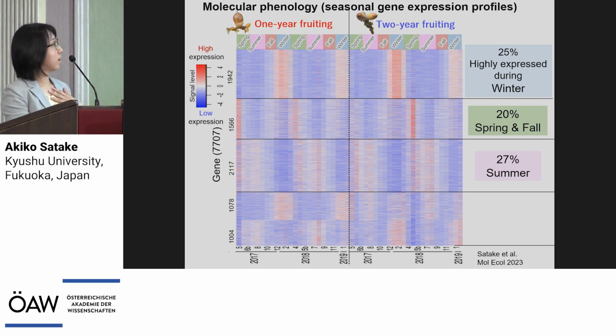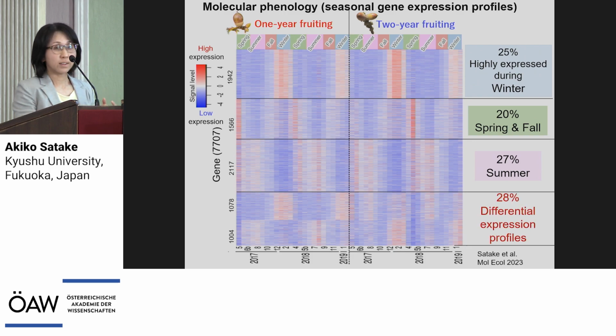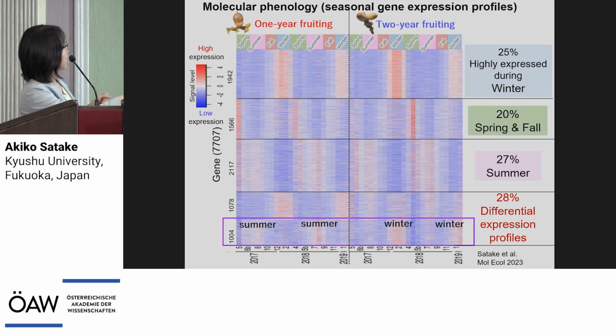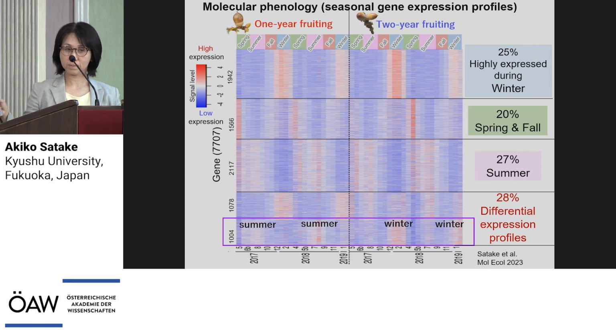But we also found the differential expression profile. That is this cluster. So for example, here in 1-year fruiting species, expression level is high in summer, but in 2-year fruiting species, it is high in winter. So the peak is very different between 2 species.